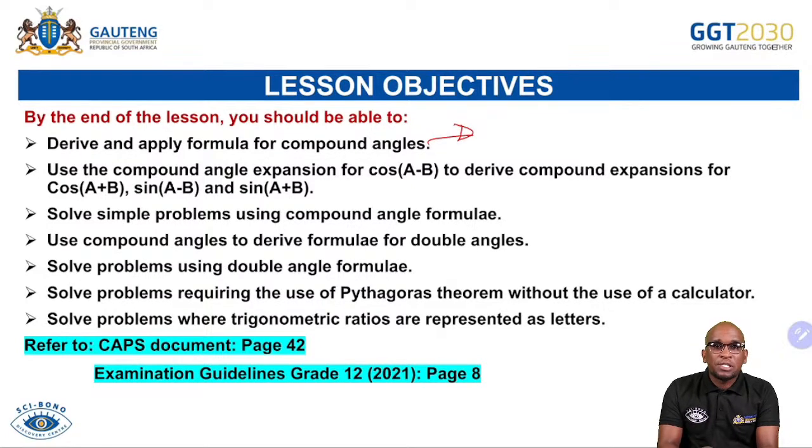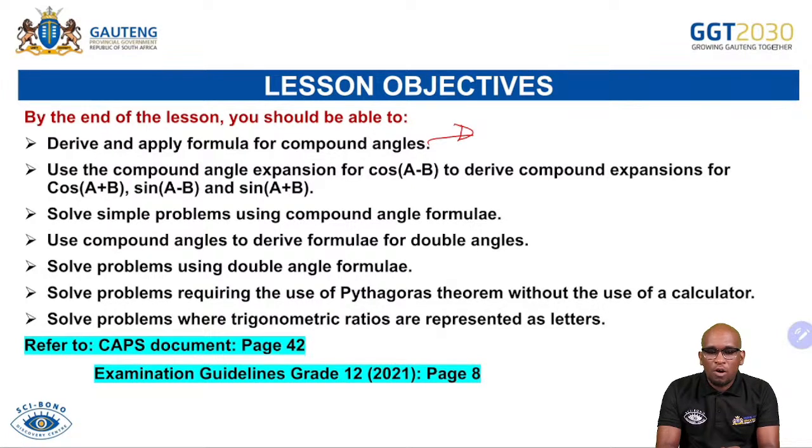But you should then use that formula to prove the rest of the compound angles: the formulae for cos(A minus B), cos(A plus B), sin(A minus B), and sin(A plus B). And then you should be able to solve simple problems using the compound angle formulae. You should be able to use compound angles to derive the formulae for double angles, and solve problems using double angles.